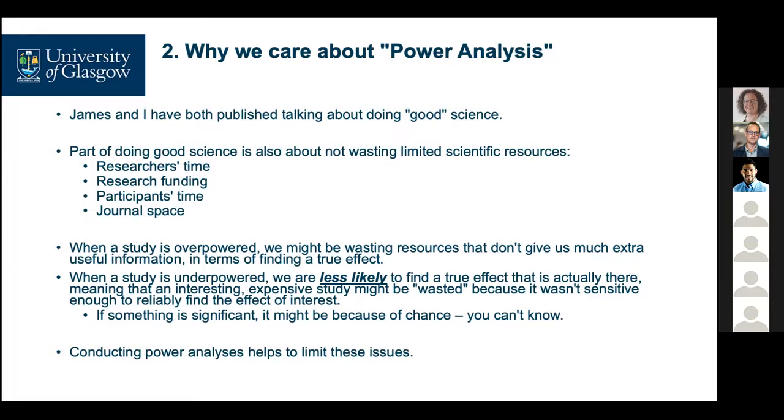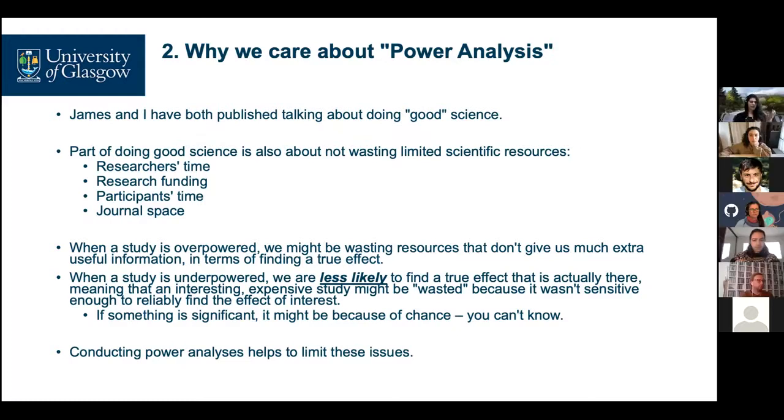You don't know, because it could be in that 5% of results where the null hypothesis looks like it's actually false. So if something's significant in an underpowered study, we don't know if that's because there's a true effect or because it was pure chance. Conducting power analysis helps to limit those issues, both in interpretation and in resource management.